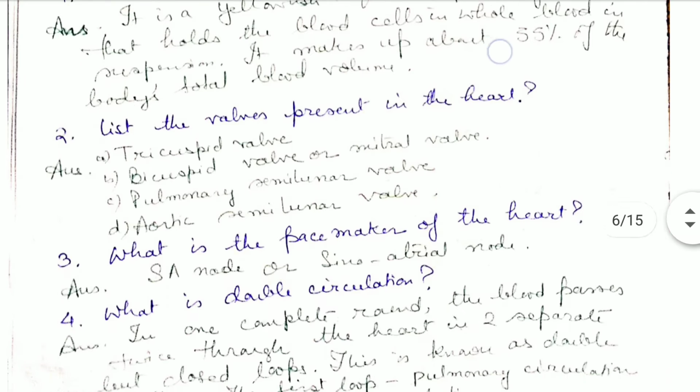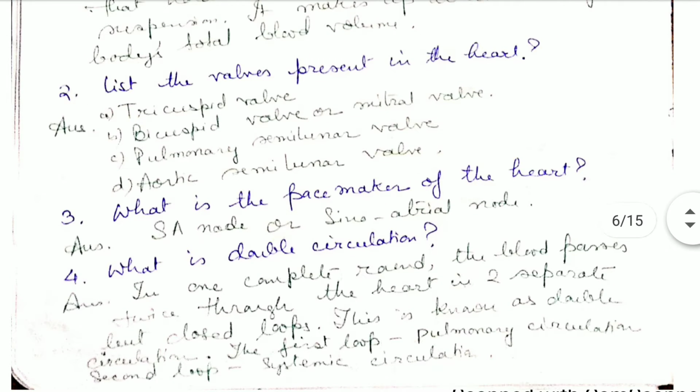Now list the valves present in the heart. There are 4 types of valves present in the heart. The tricuspid valve is between the right auricle and right ventricle. The bicuspid valve or mitral valve is between the left auricle and left ventricle.